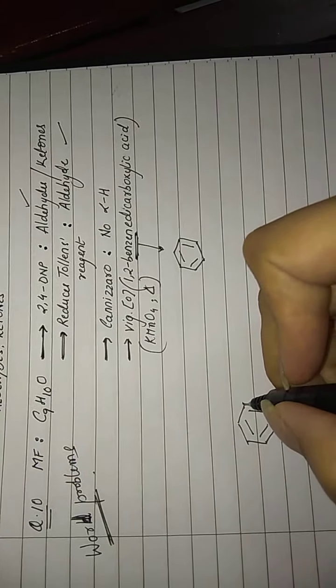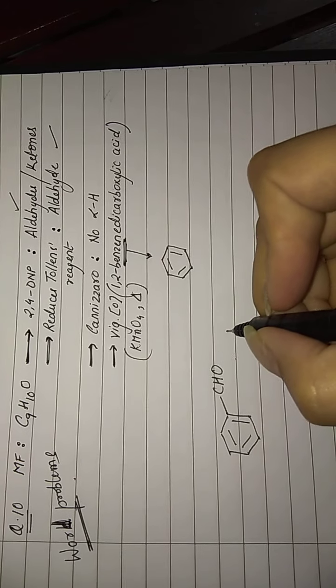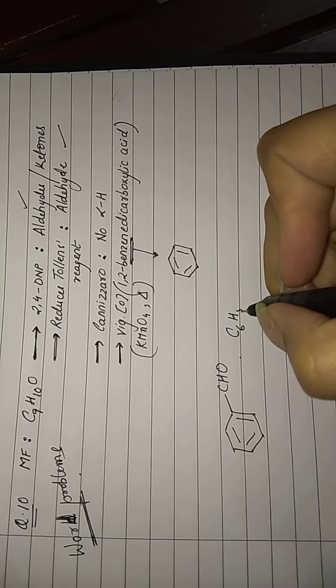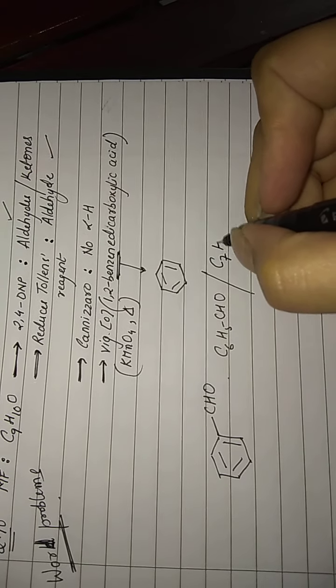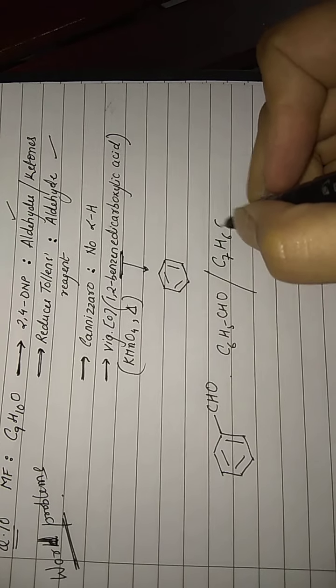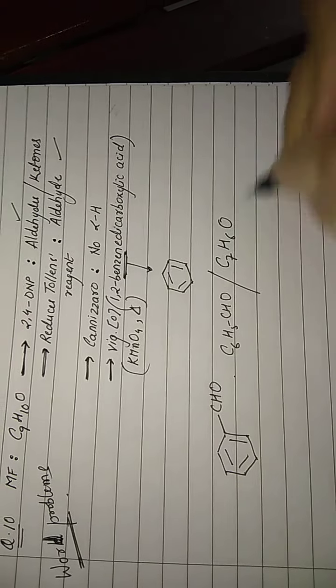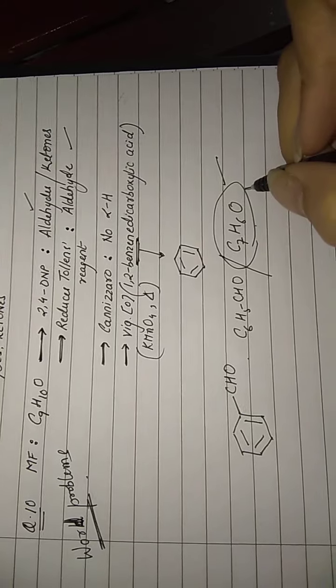Now the formula becomes C6H5CHO, and if I condense it even more, I get C6 plus 1, C7H6O. I've got this much for sure in my compound. This part is present in my compound.